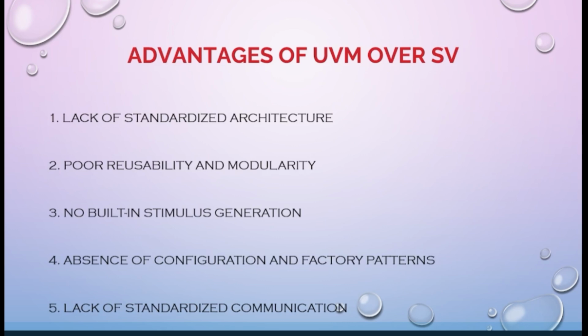But UVM provides standardized modular blueprints for all the components like driver, sequencer, agent. So everything will have a standardized blueprint across teams, which makes it easier for all the teams to understand, and maintenance and scalability are also easier in UVM.